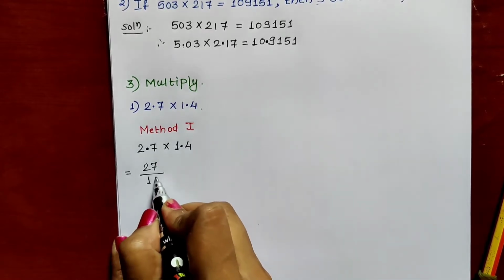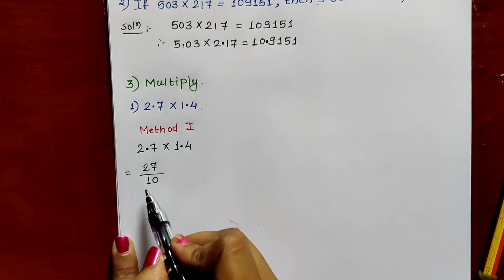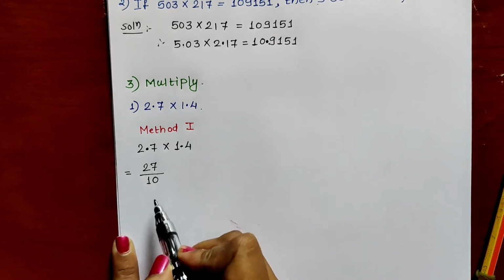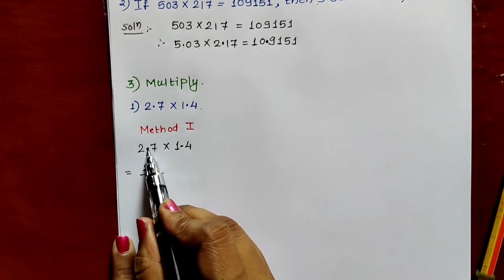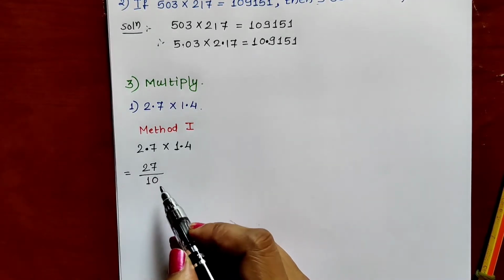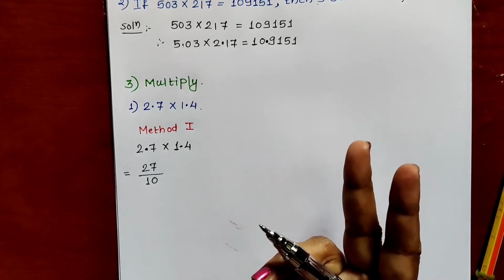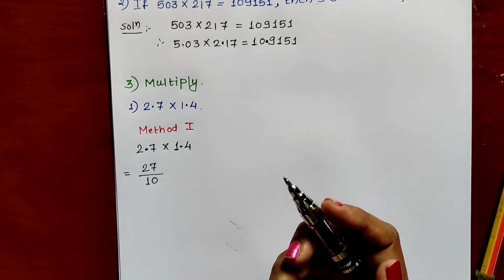So we have to put 10 in the denominator. When there is one digit after decimal point on the right hand side, we put 10 in the denominator. When there are 2 digits after decimal point, we put 100 in the denominator. In this way we keep on writing.